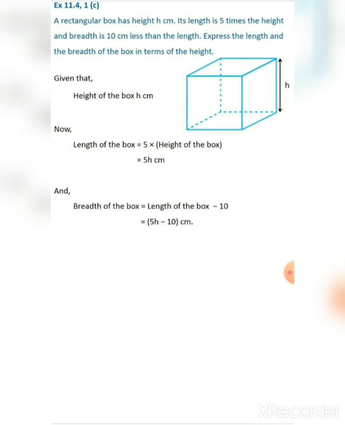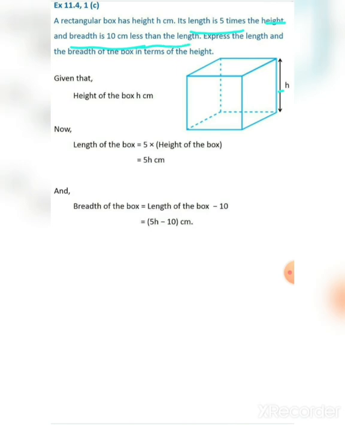A rectangular box has height h centimeter. You can see here this is the height h centimeter. Its length is 5 times the height and breadth is 10 less than the length.